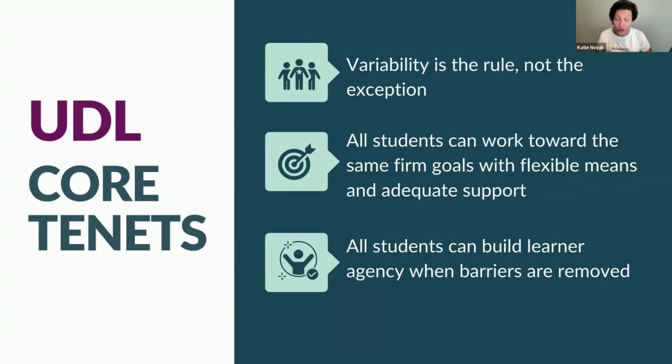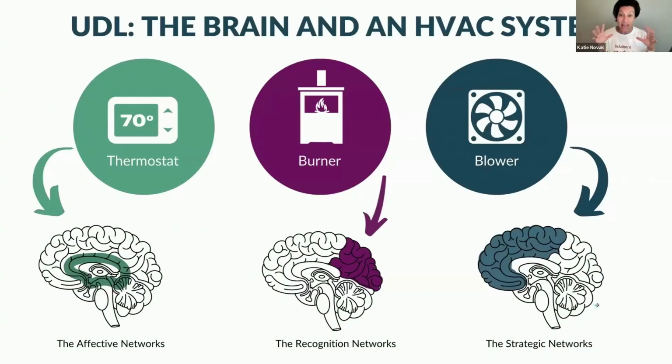And then I'm also going to create an environment where you have the time and the space to figure out what you need so that you can do your best work and learn at your highest levels. And so this starts to lead to the science of universal design for learning. I love to explain the physiological, really biological, neuroscience of UDL with analogies. And so I want you to follow this analogy.